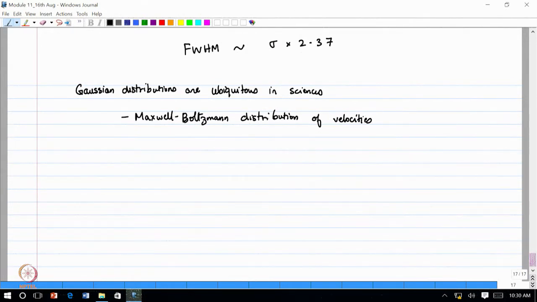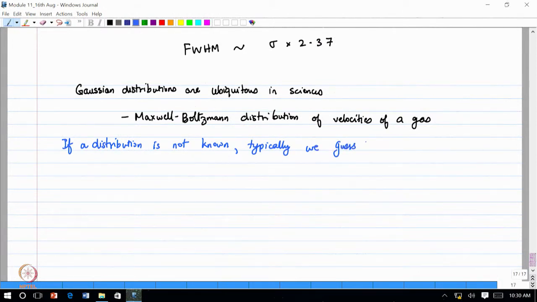This is one example, of a gas. But there are several other examples, and in fact, what is important is that if a distribution is not known, then typically we guess that it is Gaussian.